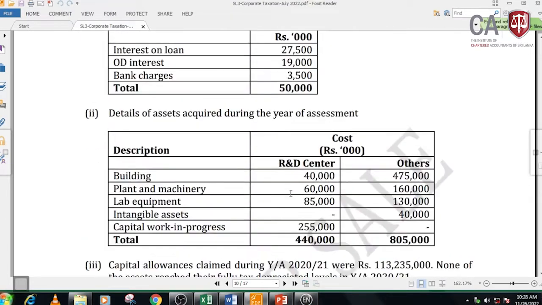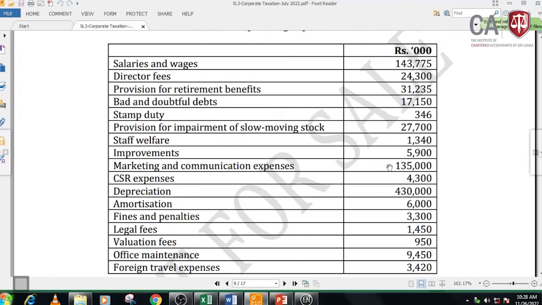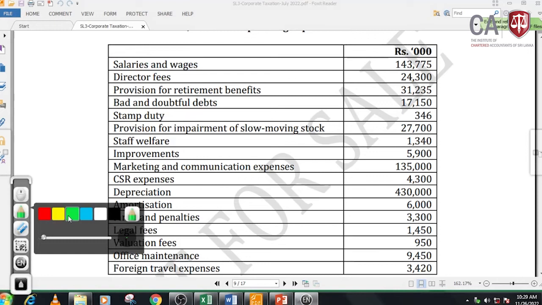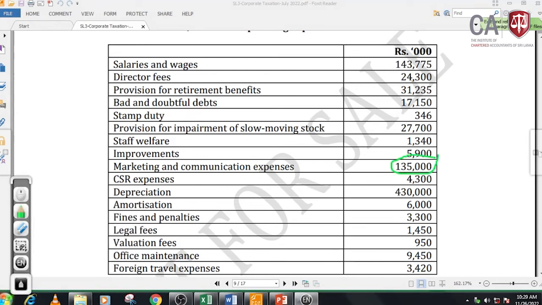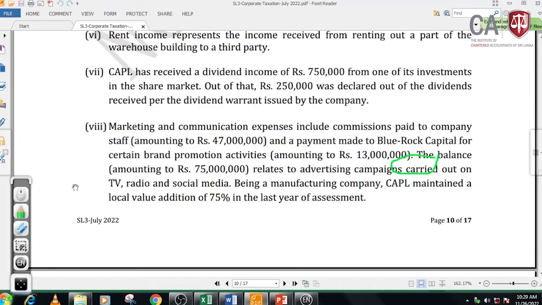Now what's the amount of the marketing and communication expenses? 135 million we have. This is the value of the marketing and communication expenses. Now in this value, 135. Now here, in the details it has provided, from that the breakup given.